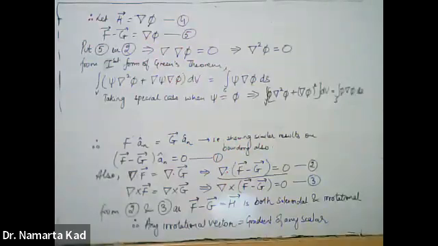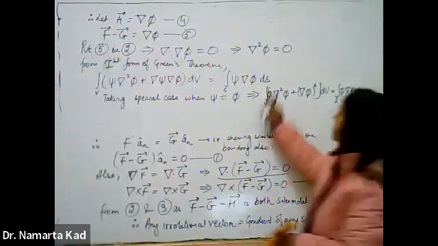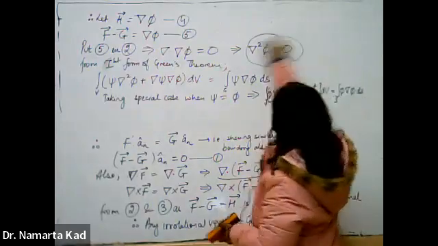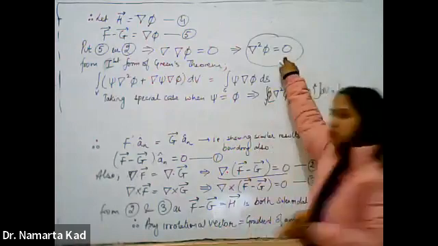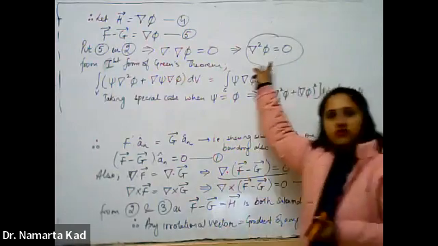As seen from here, del square phi is equal to 0.